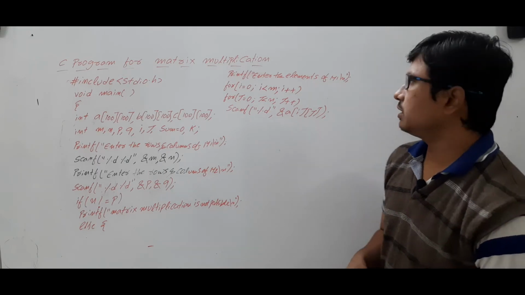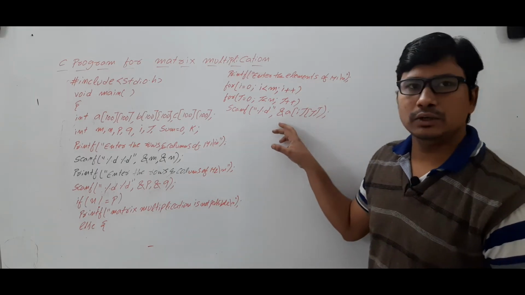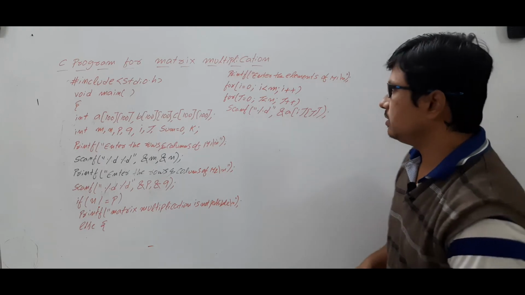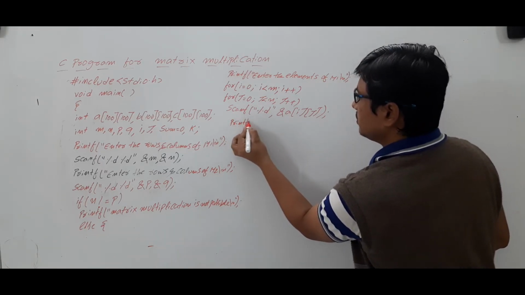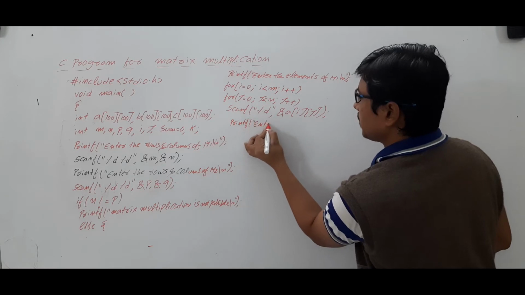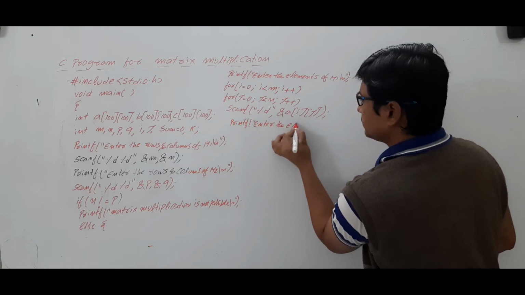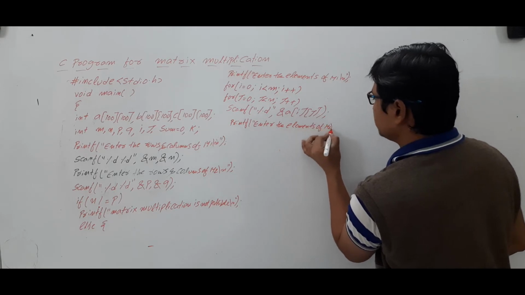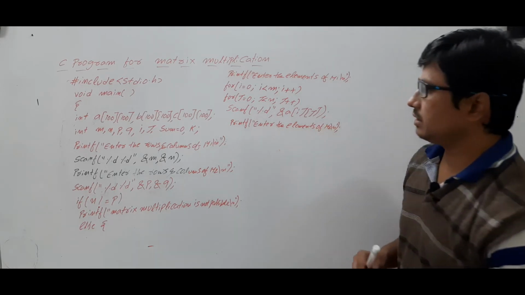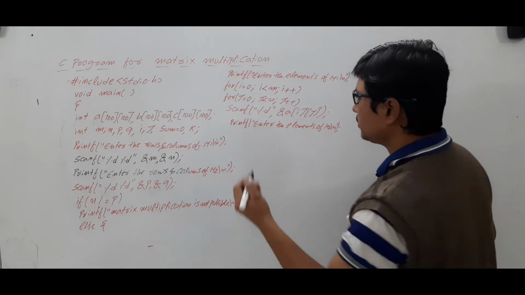So whatever elements the user has entered, you stored in the matrix A. Similarly, you need to ask the user to enter the elements for matrix 2. Enter the elements of matrix 2. Is it clear? Then what you need to do?